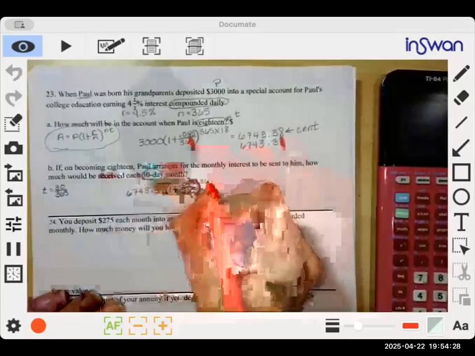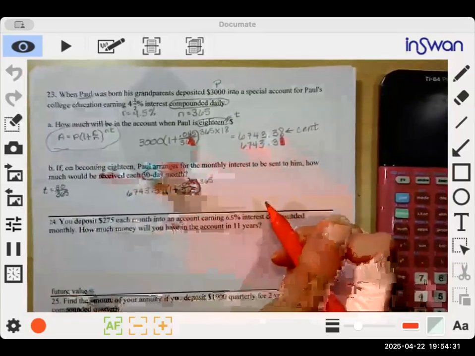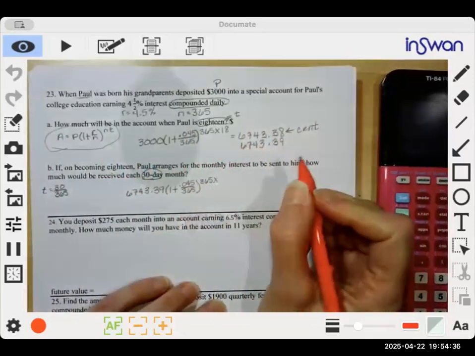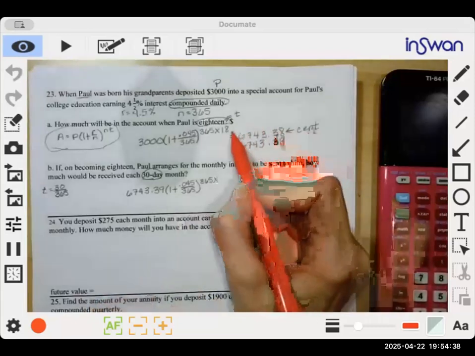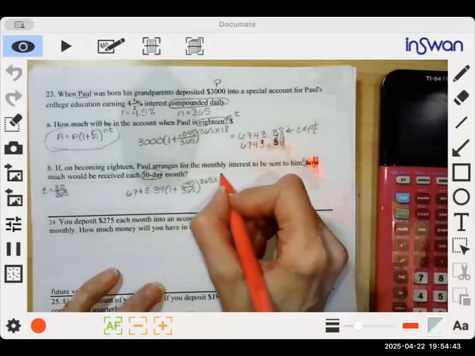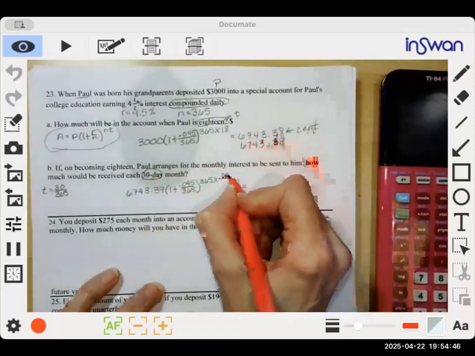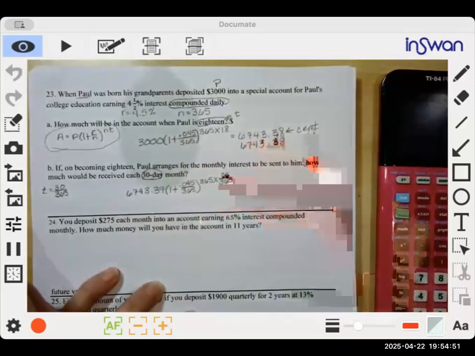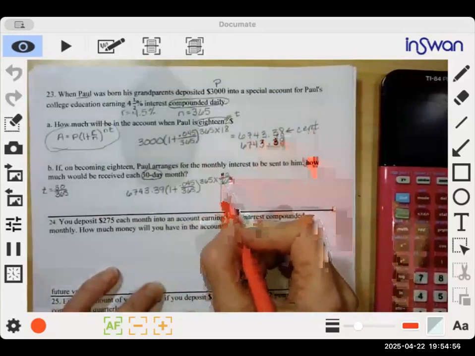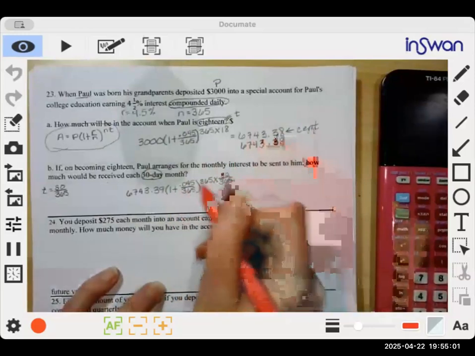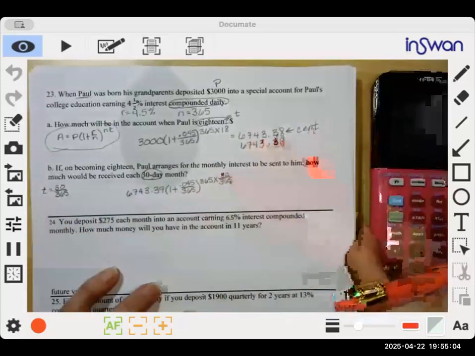And this is where it gets really nasty. We need to multiply this not by years, but by days. So we're multiplying this by 30 days out of 365 days. If you're comfortable with math, you'll see that those 365s will cancel out. If not, you can just type it all in like that.